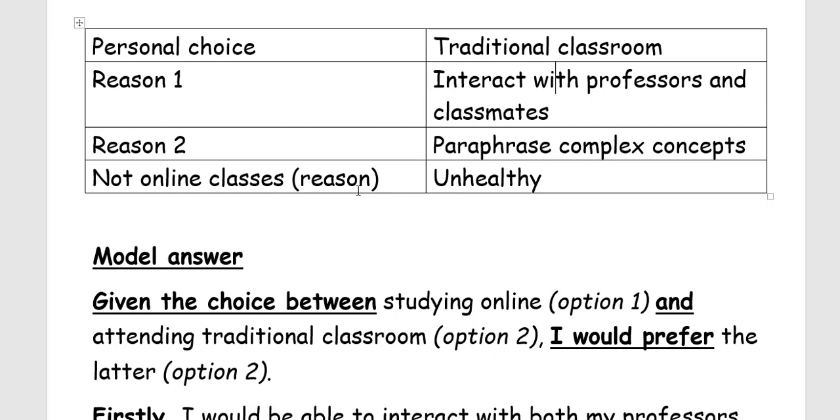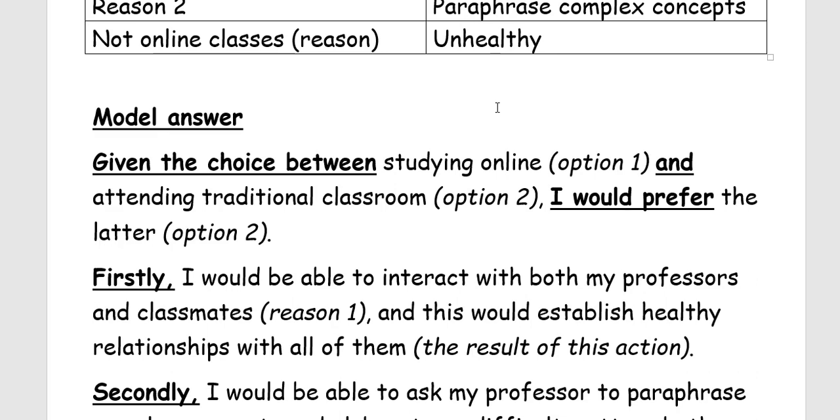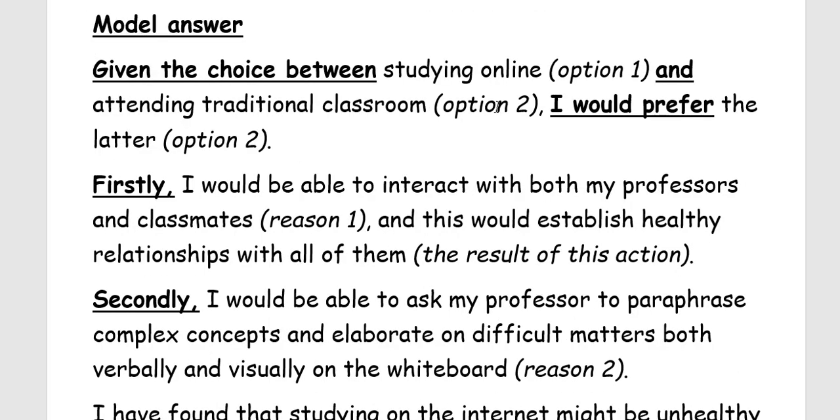And in here, I don't want to choose online classes. Okay, why? Because it's unhealthy. So these are my notes. And based on these notes, I can give my presentation now. Now, let's look at my model answer and then I'll explain everything in detail.